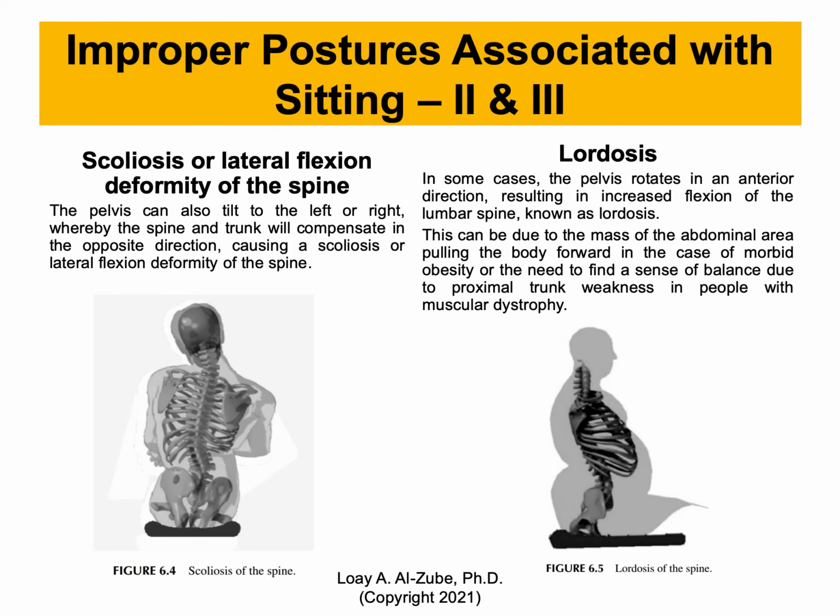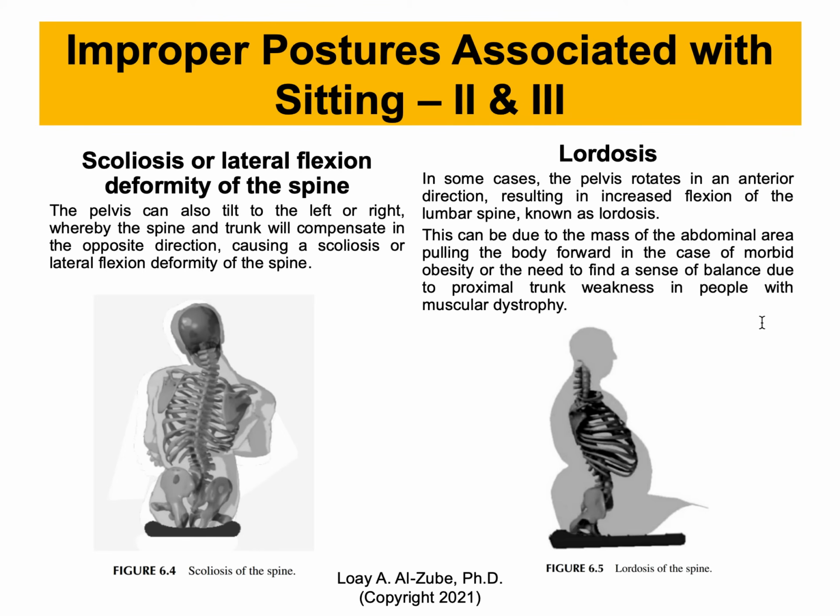The other condition is lordosis, and the pelvis rotates in an anterior direction here, resulting in increased flexion of the lumbar spine, known as lordosis, and that's how it looks. And this is associated with obesity.